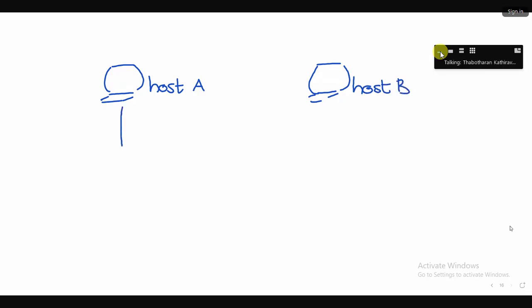When we have two hosts, host A and host B, and they want to send and receive data using the TCP protocol between themselves, before doing anything, they will have to establish a connection.